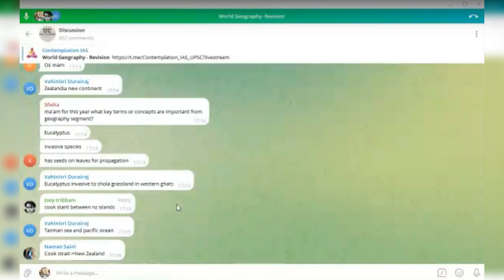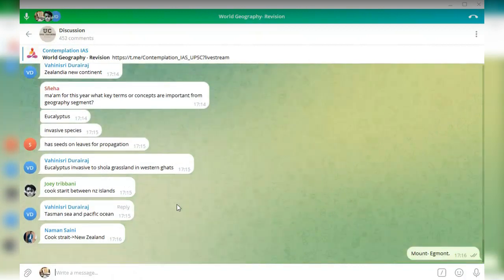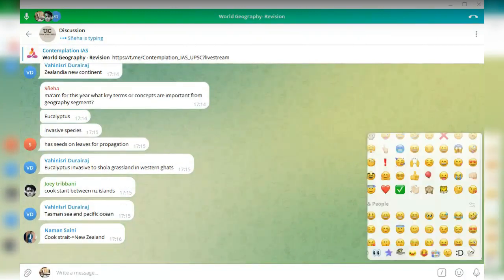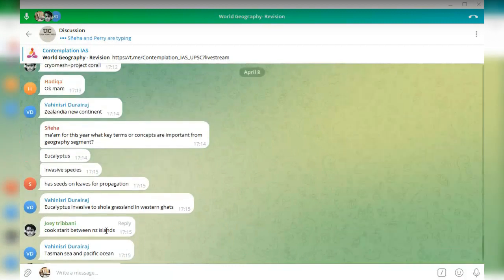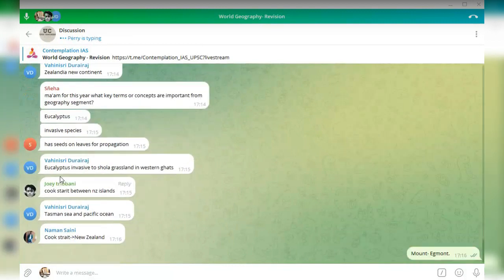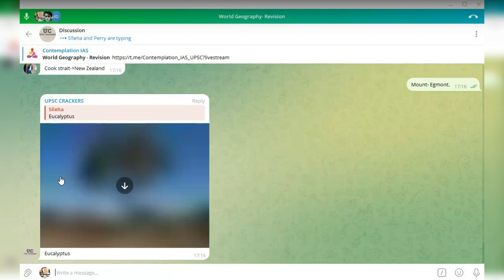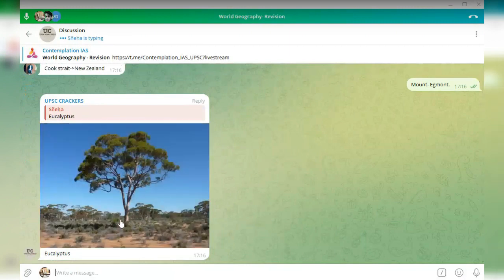And Mount Egmont is important. Egmont, very much important, so do read this as well. Mount Egmont, then Cook Strait, then Eucalyptus. Okay, I guess most of you can see it.